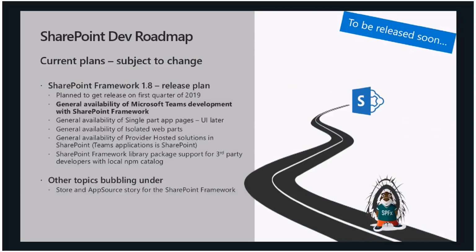So 1.8, like I said, is going to be released during this month. So we're talking about days rather than weeks or months, and 1.9 is then coming later this spring. And that is the current plan. So obviously, let's concentrate on 1.8 and the content of this one, if you haven't participated in our bi-weekly SharePoint Framework calls.